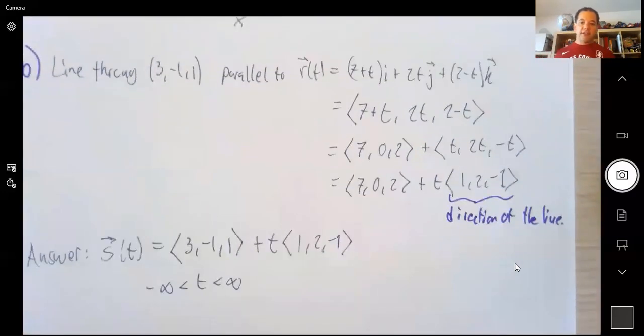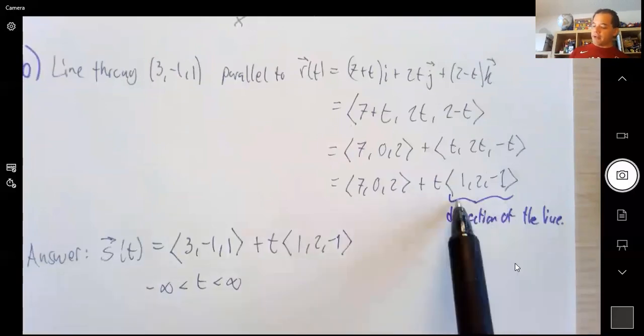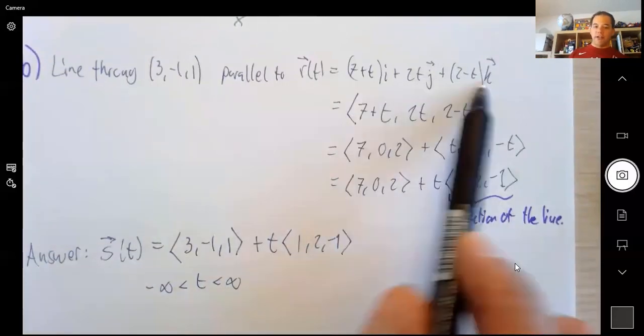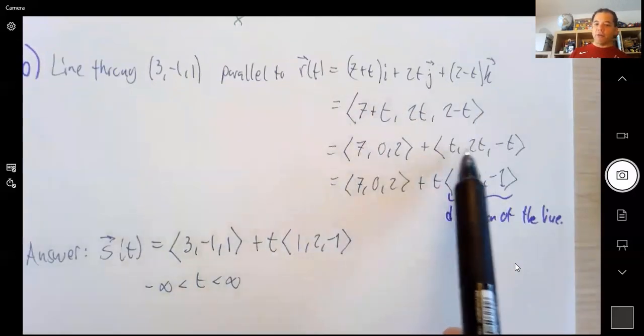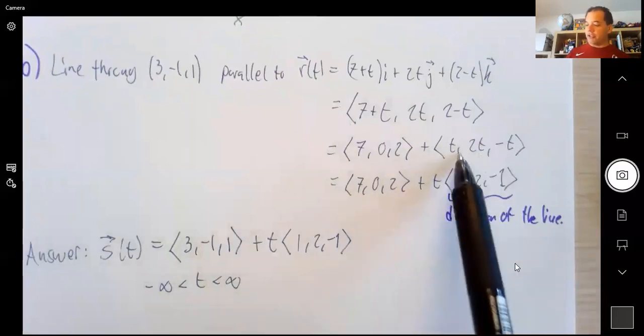That's it. Easy peasy, right? Like I was telling you, the only hard part was to find the direction of this line over here. And you do that by extracting the constants and figuring out what are the coefficients of the t.